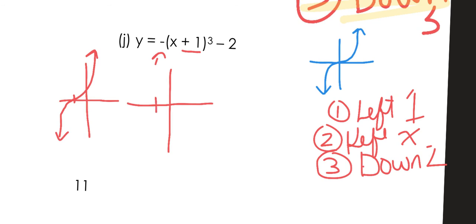I'll use my highlighter to kind of show you. If I think about this reflecting over the x-axis, it's going to end up being like that. Hang on. Like that. Okay, let me go.